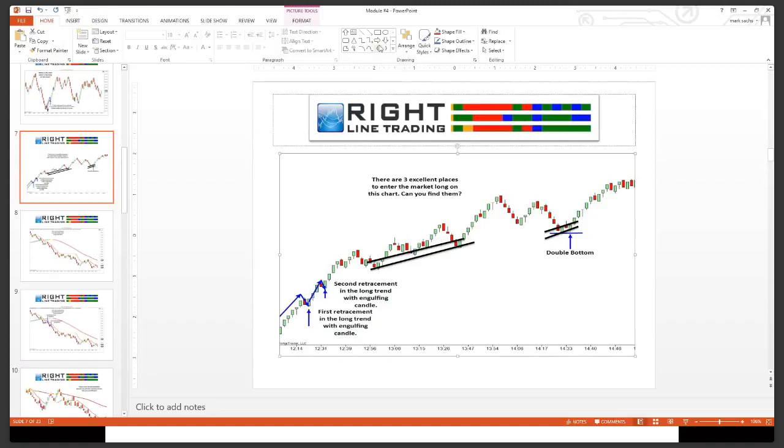So what you do have, and this is tough market structure to see, and it's a tough market structure to trade, but I simply want you to be aware of these, because what you do is, this is your tough entry, but you have a potential entry here, and then you have another potential entry here. Now, it's not based on Fibonacci, it's not based on an 80% retracement in the trend.